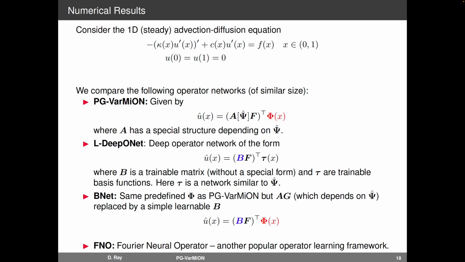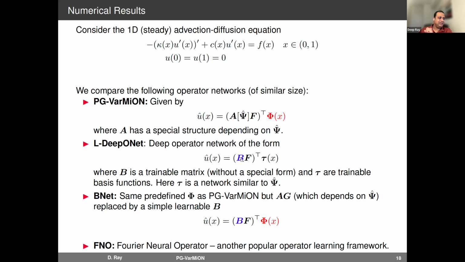Can you explain once more how the DeepONet differs from this PG-VarMiON? So, if you know what a DeepONet is generally? Have you seen a DeepONet? Yeah. In a DeepONet, tau is supposed to be the trunk functions, correct? The trunk, yes. So you can treat phi as the trunk of the PG-VarMiON, but it's not trainable. It's fixed. There's no training involved.